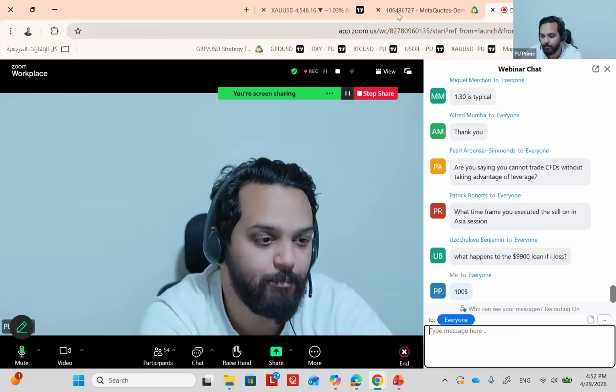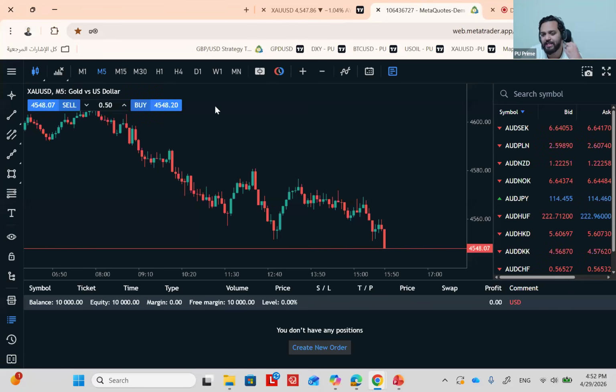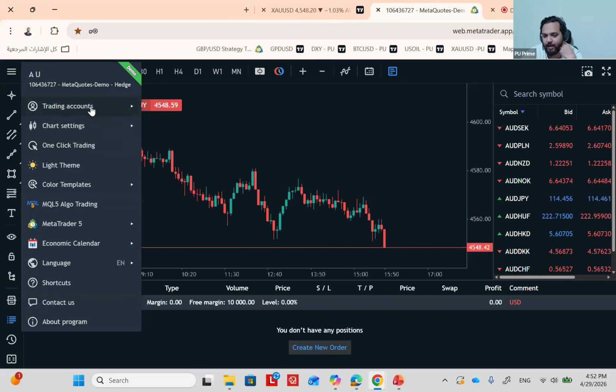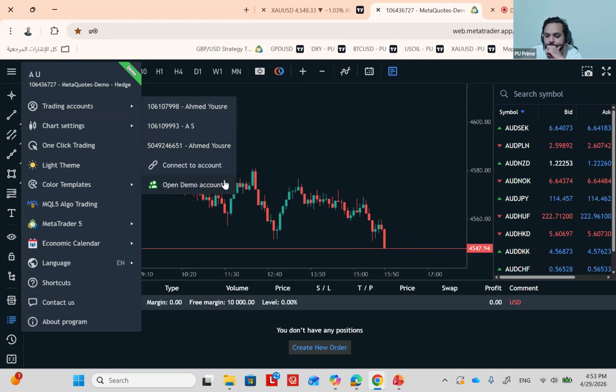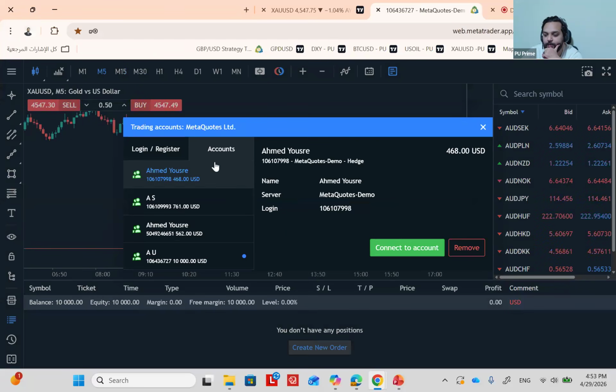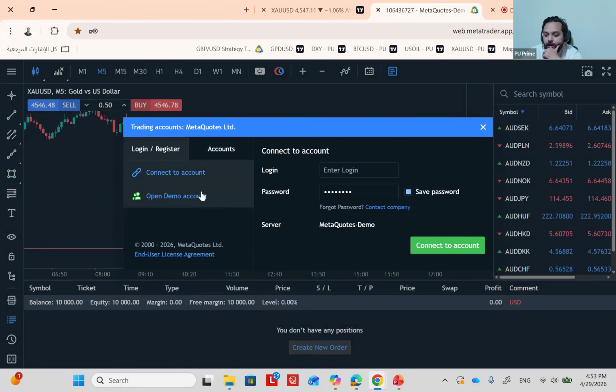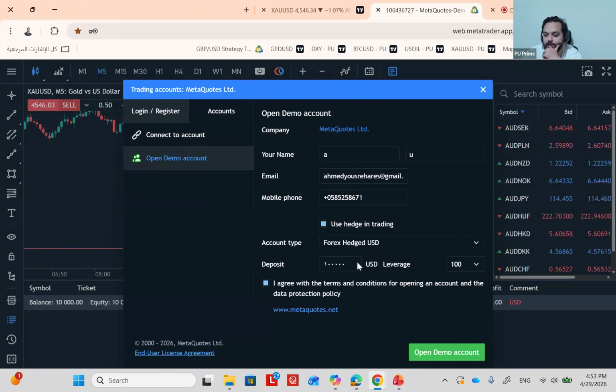So guys, for example, let me explain the leverage in a very simple way. Now let me open a demo account. Let's say I'll just add $10,000. Here you have the option to choose the leverage, whether 1, 3, 5, 10, 15, 25, and so on, up to 500.